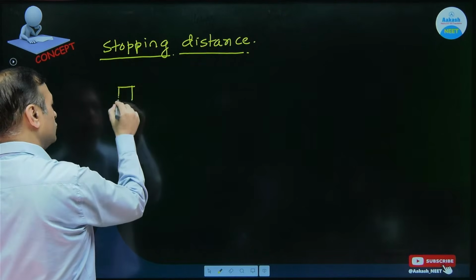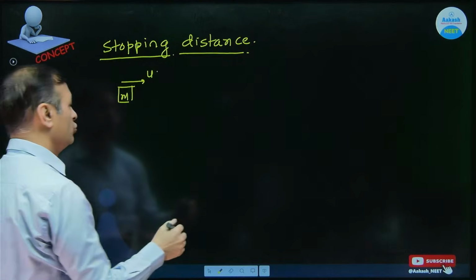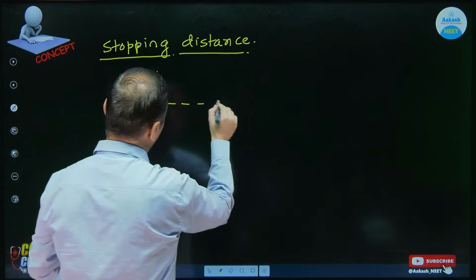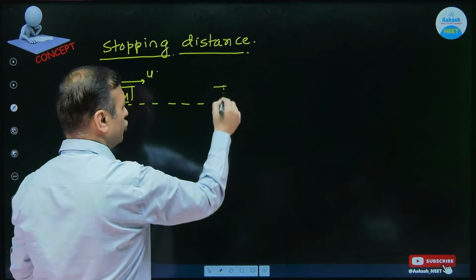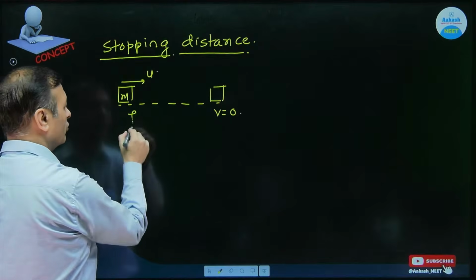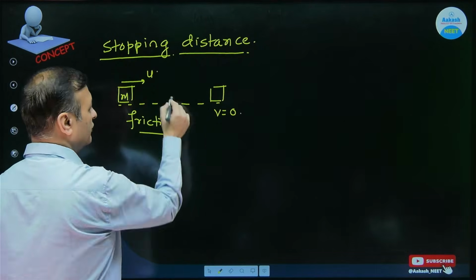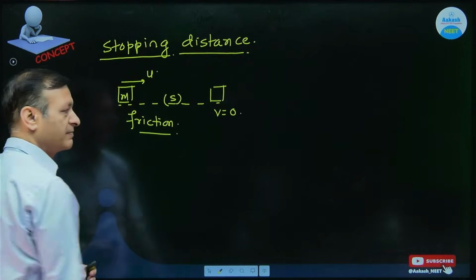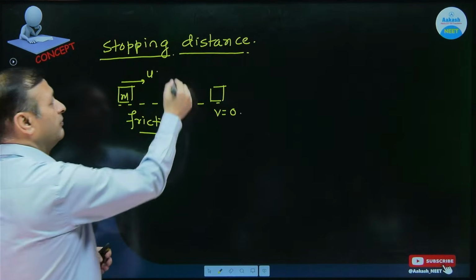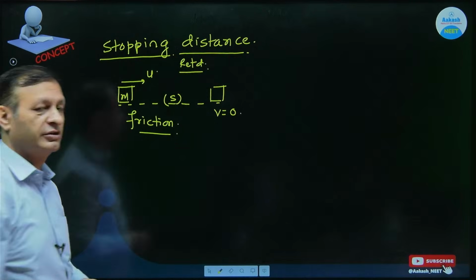Let's suppose you have a body of mass m initially moving with speed u, and it stops purely because of friction after traveling some distance s, and this is moving with a uniform retardation.